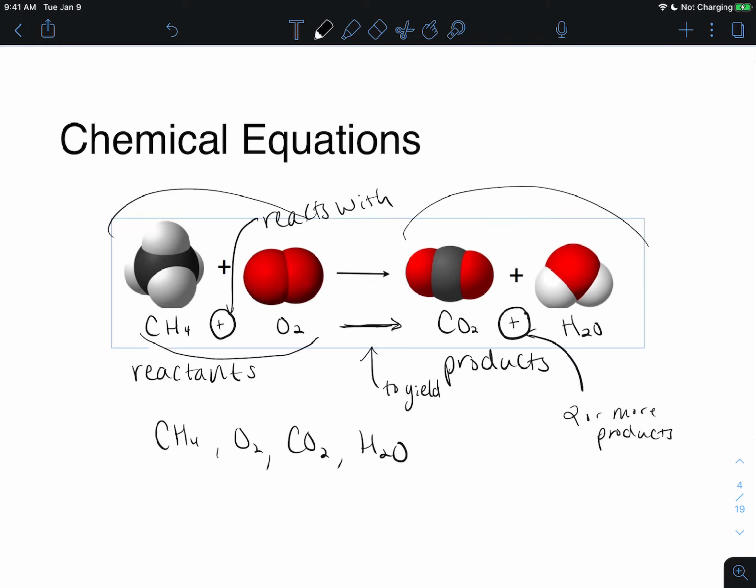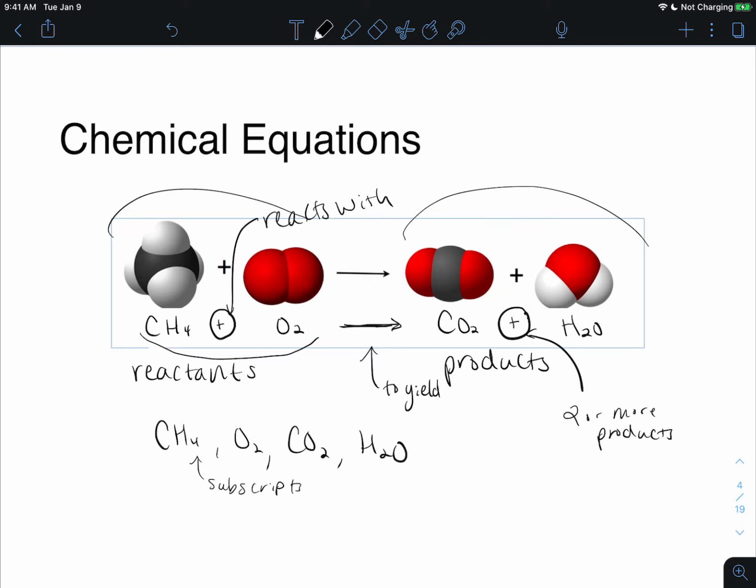To have an O2 molecule, there has to be 2 oxygens. To have carbon dioxide, it has to be carbon and 2 oxygens. And then to have water, it has to be 2 hydrogens with 1 oxygen. So these subscripts describe how many of that atom we have within that compound or molecule. So those are things we can never change.